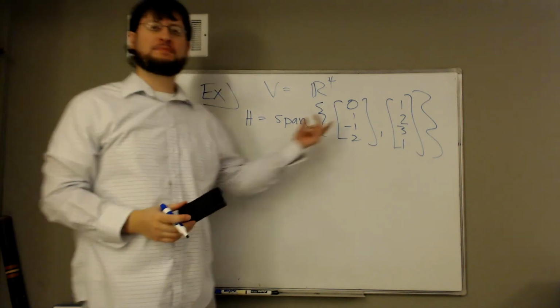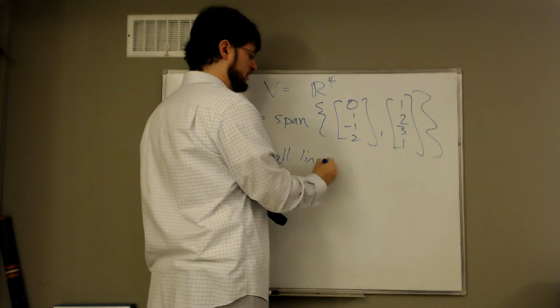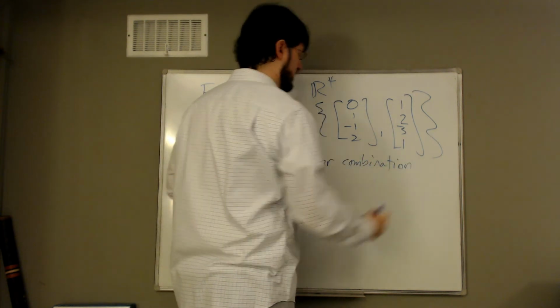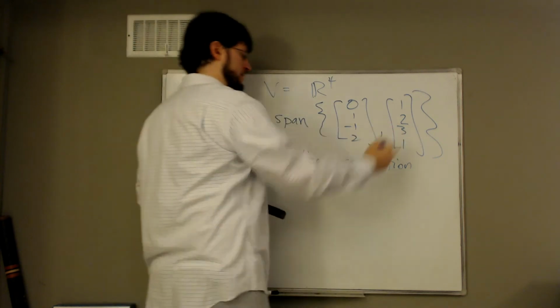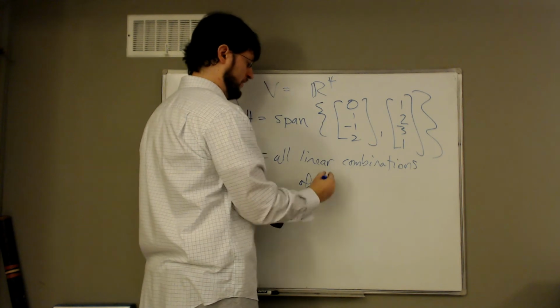Remember, a span is all linear combinations. That's the definition of a span of some vectors: all linear combinations of the vectors.